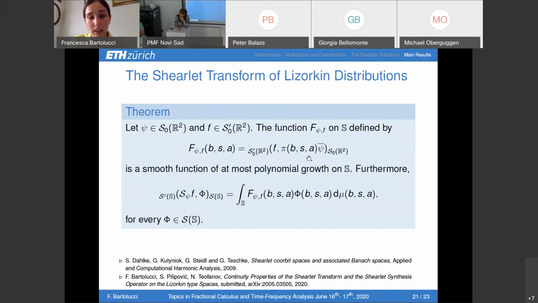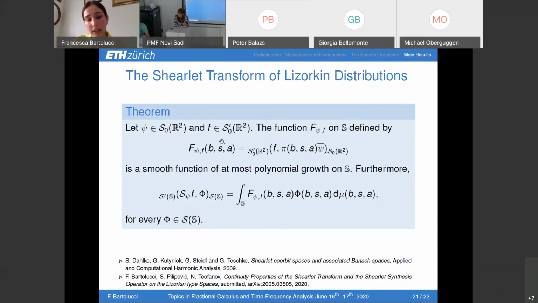And finally, the other main theorem is the following, which states that our definition is consistent with the one given by Dahlke and collaborators in the context of coorbit spaces, because it states that the Shearlet transform of any Lizorkin distribution is a regular distribution, which is identified by the following function, which is a function on the group, smooth and of at most polynomial growth.